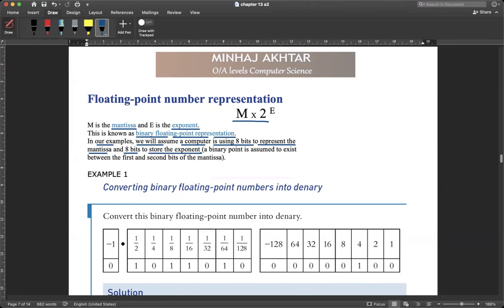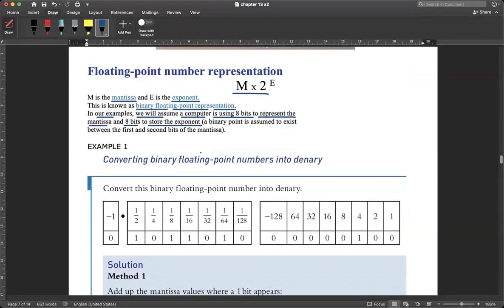So for the mantissa, we need to make a register of 8 bits, and for the exponent, we again make a register of 8 bits. So we have to make 2 registers, and every register is of 8 bits.